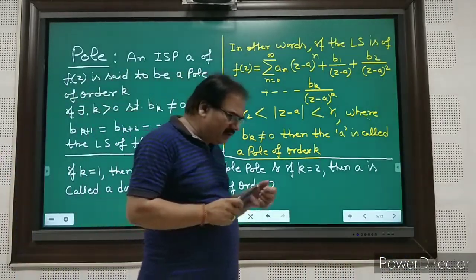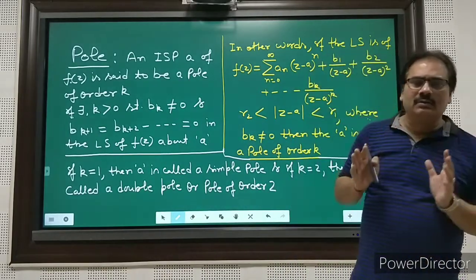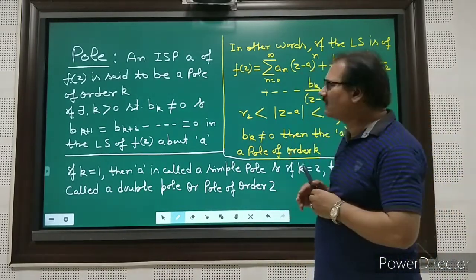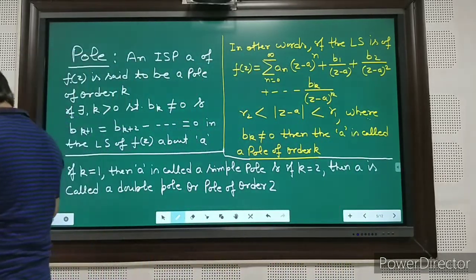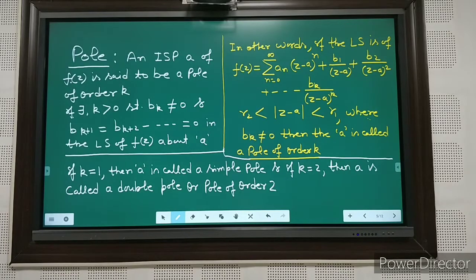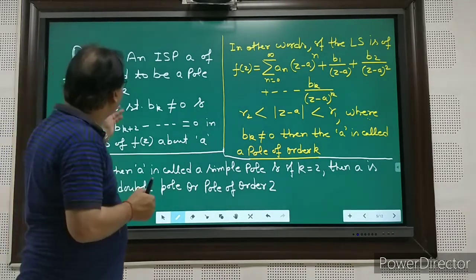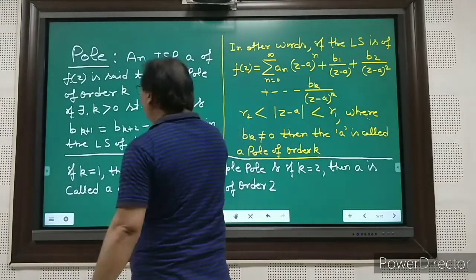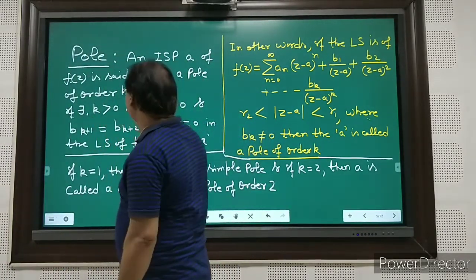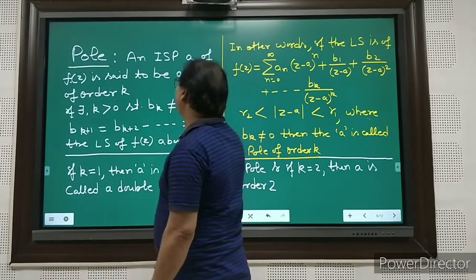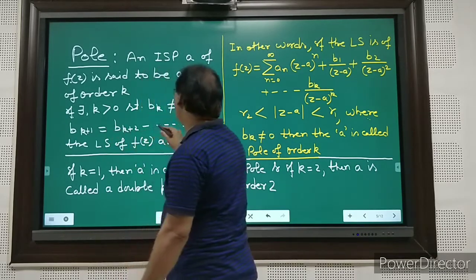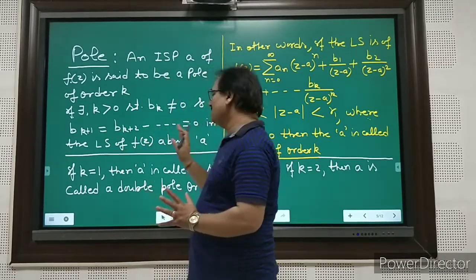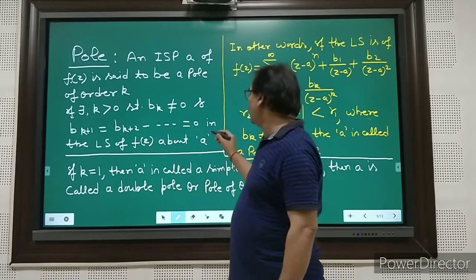Let us look at the definition of a pole, which is very important for complex analysis. An isolated singular point a of f(z) is said to be a pole of order k if there exists k greater than 0 such that b_k is non-zero and b_(k+1) = b_(k+2) = ... = 0 in the Laurent series of f(z) about a.